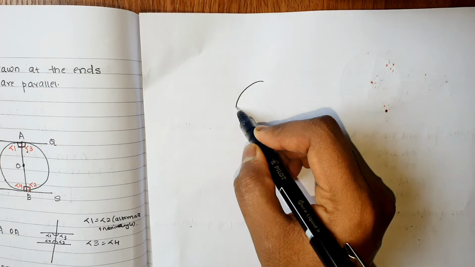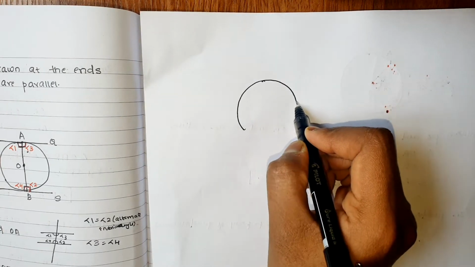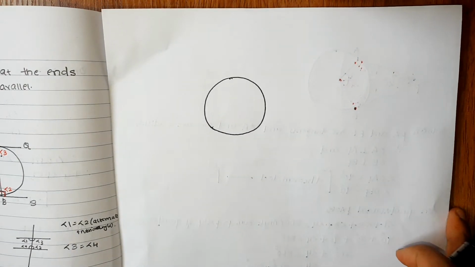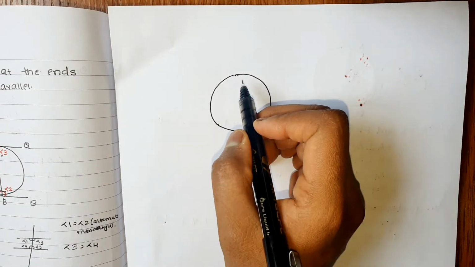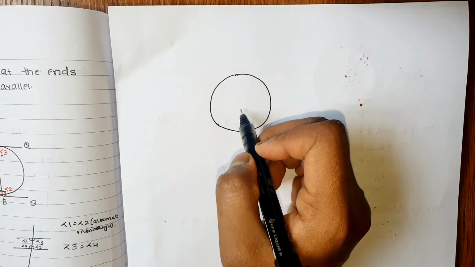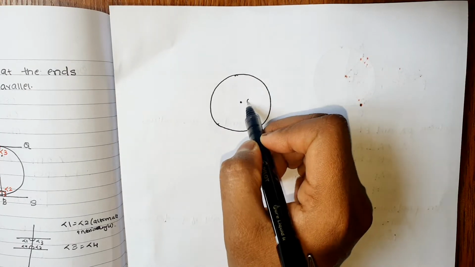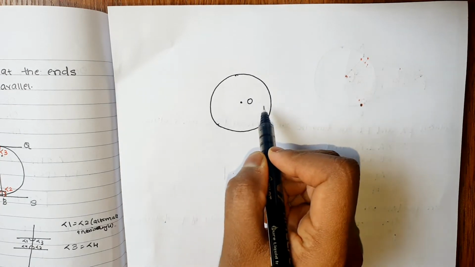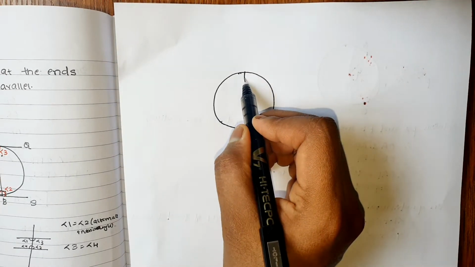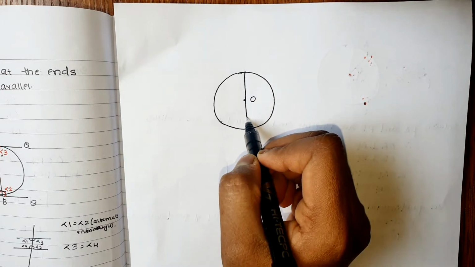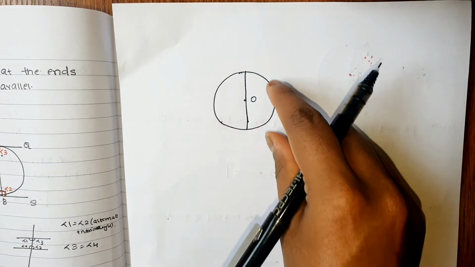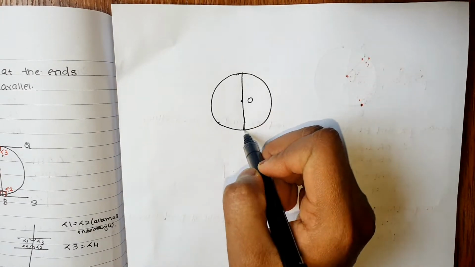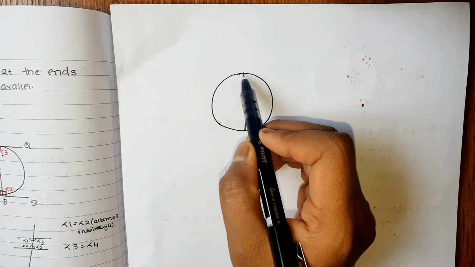This is our circle. Okay, we can take the diameter. Let this be the center O. Either you can take this as a diameter or you can take this as a diameter. So here I am taking this as the diameter, and two tangents we have to draw at the ends of the diameter.